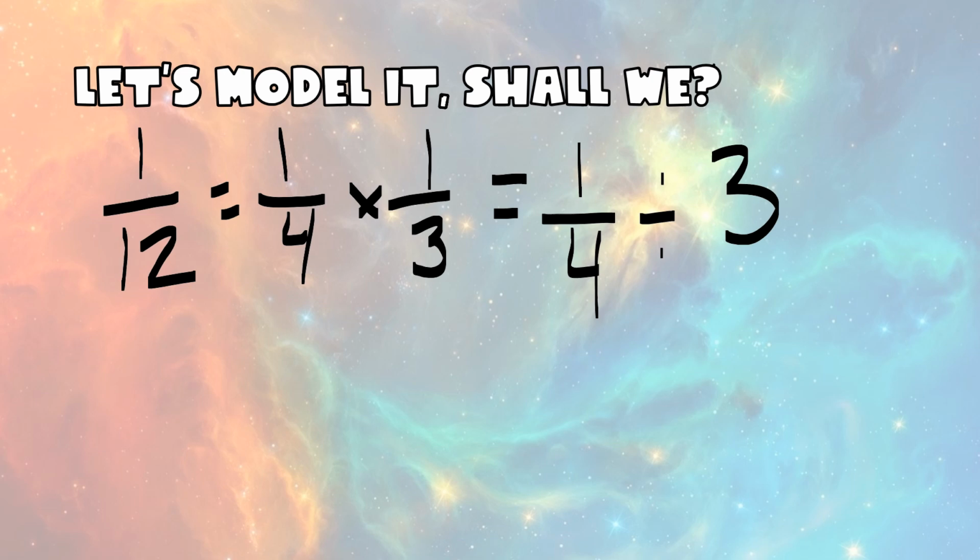So now that we are trying to find a model that shades 1/12, we're really going to be shading just like we learned with multiplying fractions. I already have my grid ready because I didn't want to make it painful to draw that out with my pencil tool. The way that I got my grid is by multiplying the denominators together, and I know that I'm going to have an area of 12.